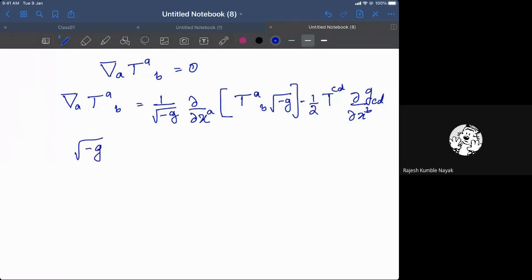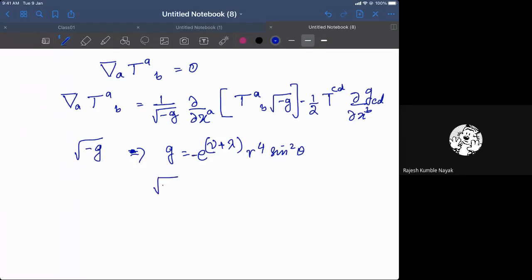So we need the square root of minus g, which you can calculate. This implies that g is equal to, it's only a diagonal matrix, so you have simply the product of all diagonal elements, which gives you the determinant. So this is equal to r to the power 4 sine square theta. There is a minus sign here.